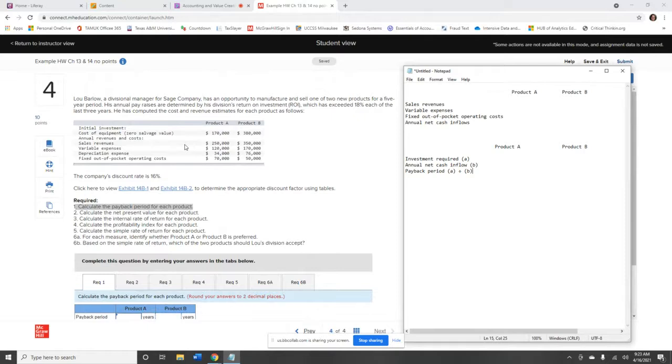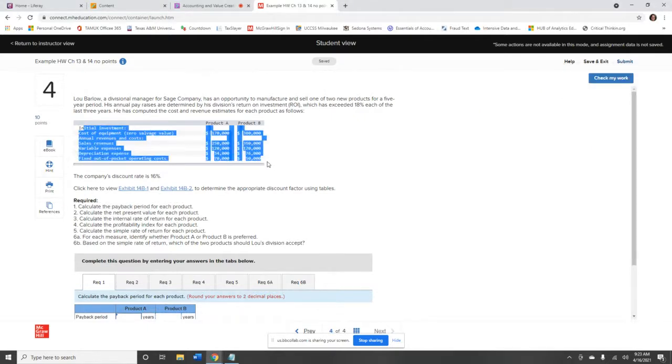So this is like a two-step process, right? We got to figure out, based on this information, what is our cash per year, right? So every year, how much cash do we get out of this thing? And then I use that, divide it into my investment to get my payback period. So first part of the problem would be calculating your annual net cash flows.